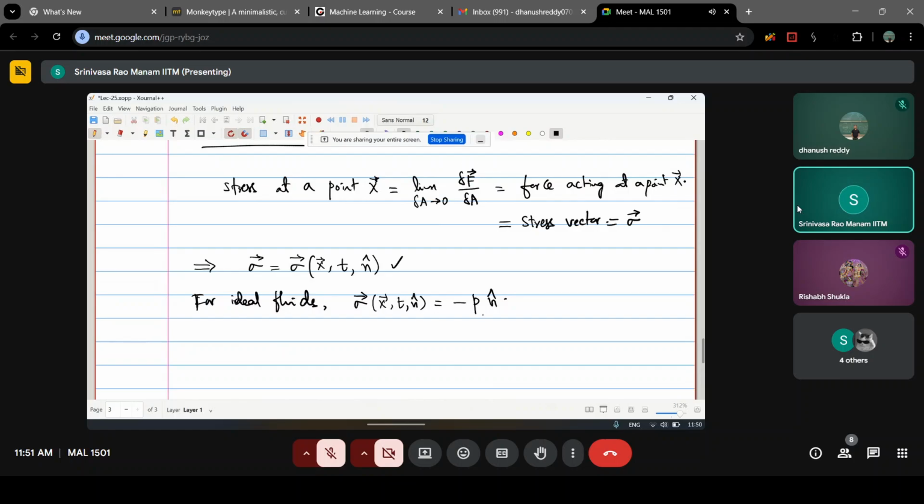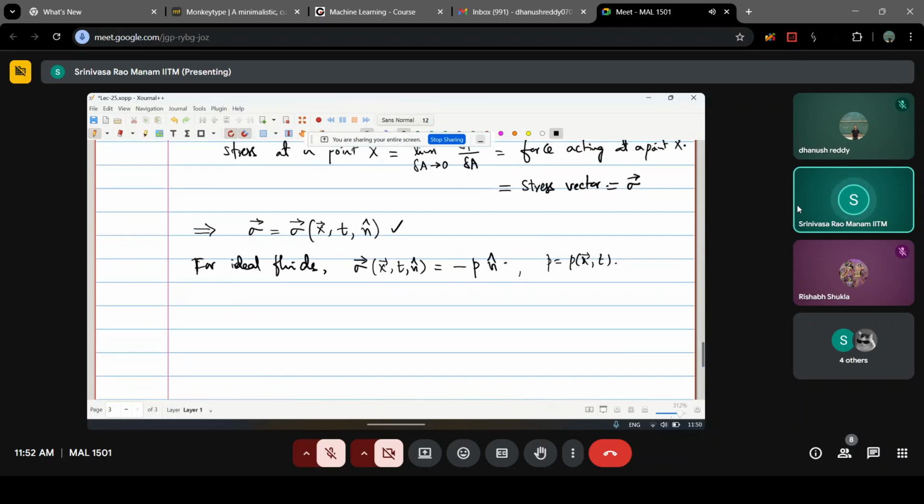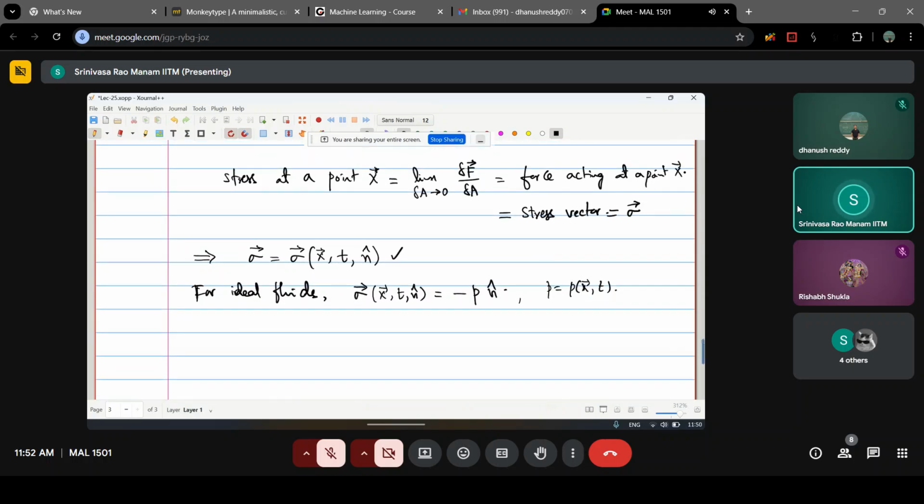P also depends on x, y, z, t, so P is actually P of x comma t. So in general it depends on x, t, and n cap. So this is for ideal fluids. Right now you don't know exactly what this sigma is.